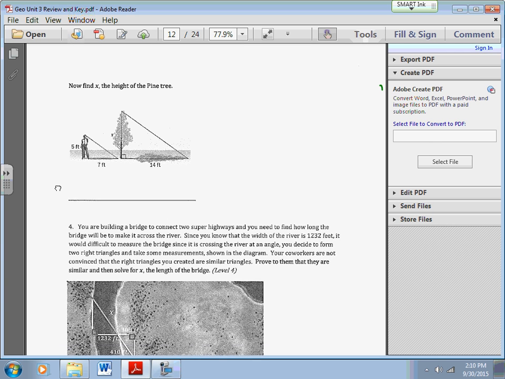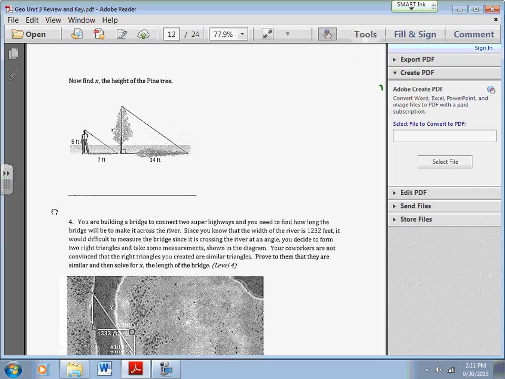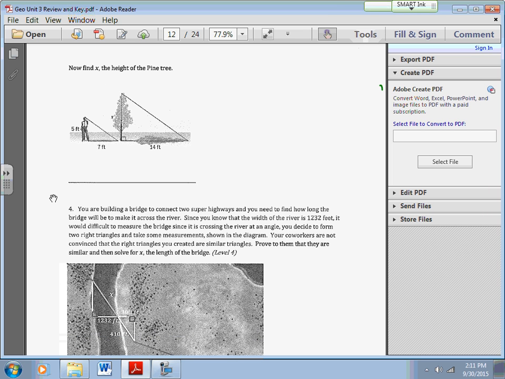All right, and then these last two, real quick, so I'm going to start the test in a minute. Does everybody see the last, this one right here, 5 and x are corresponding to the picture? 5 over x, 7 over 14. Do you understand how you can set that up?